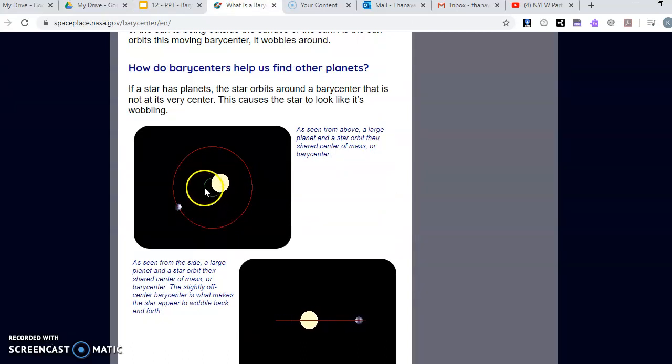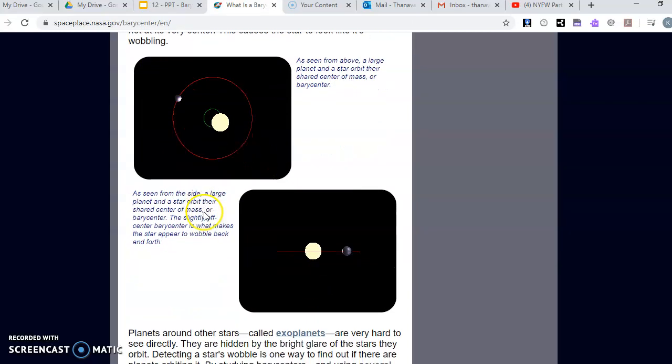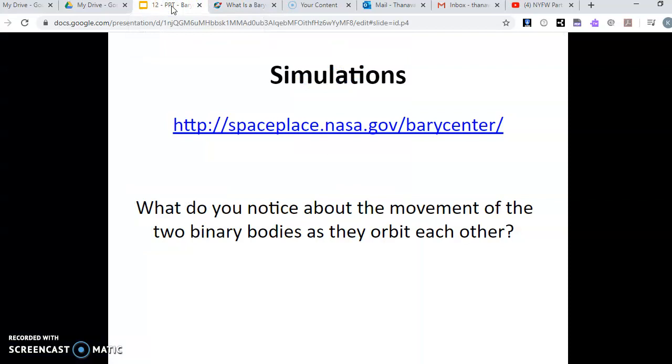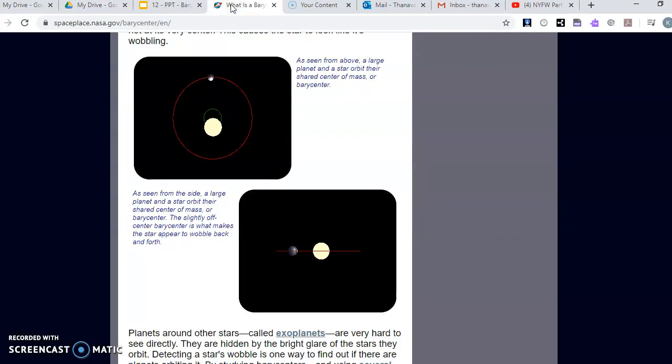So from this simulation, this one and this one, I want you to ask yourself, what do you notice about the movement of the two binary bodies as they orbit each other? So I'll give you a few seconds to look at this. What do you notice? What do you see? There's no right or wrong. Just what do you observe?